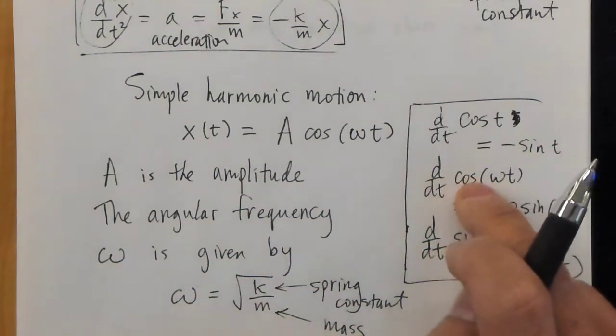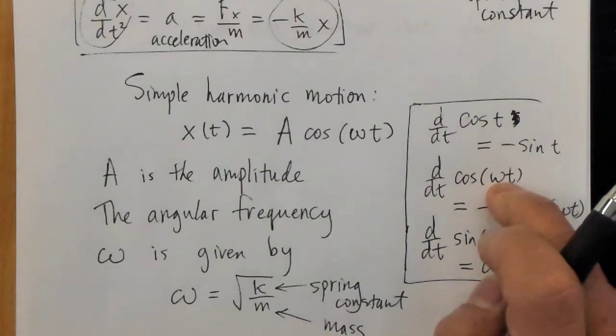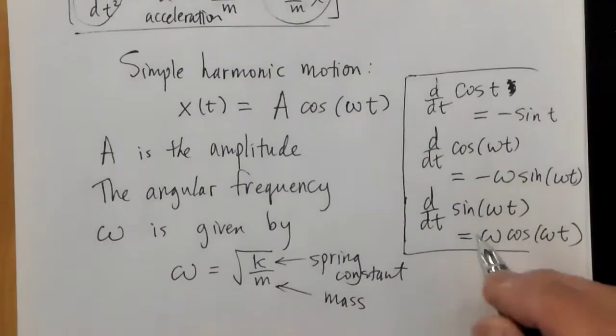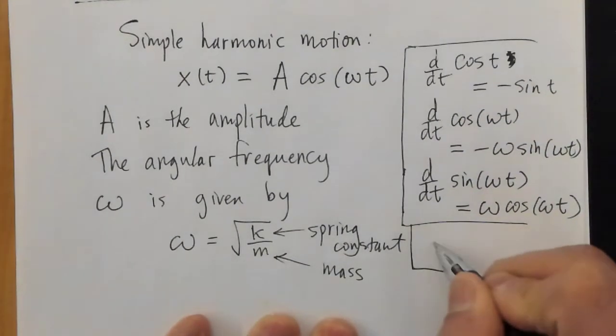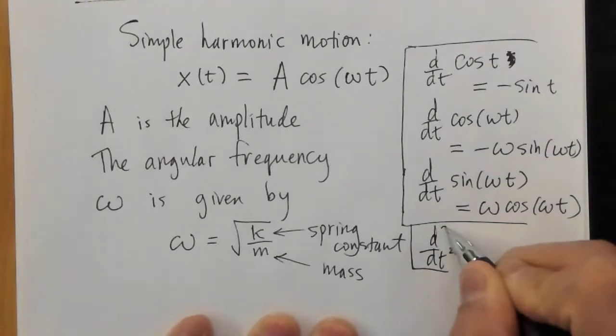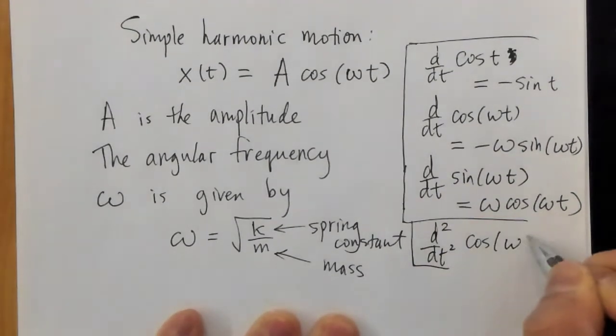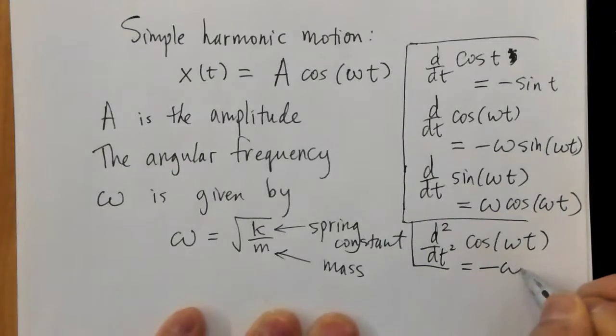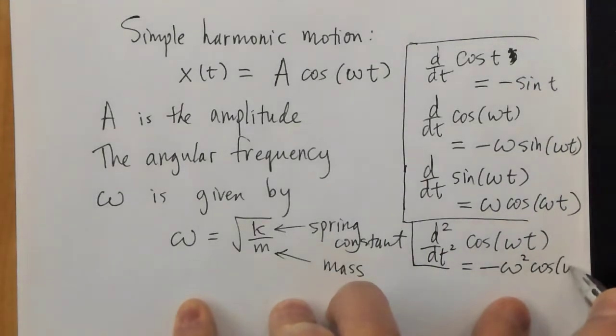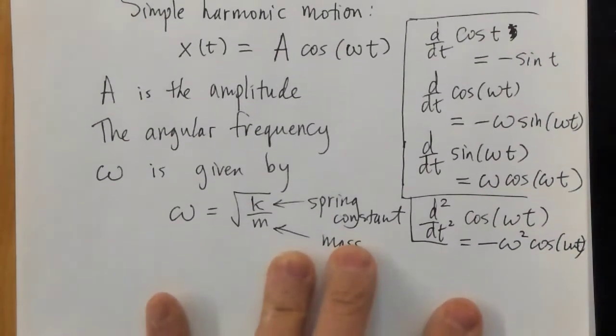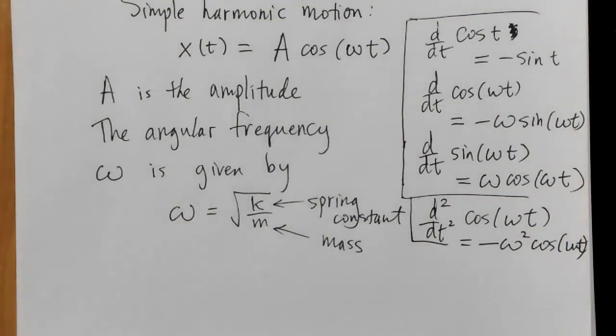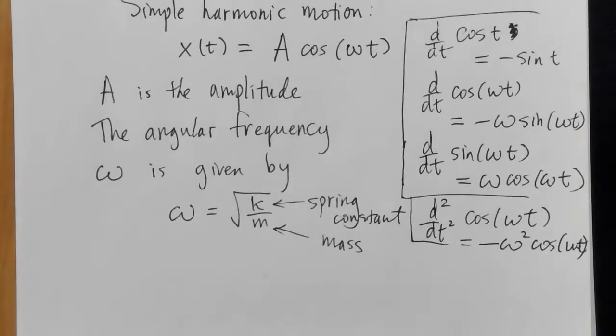So if I take two derivatives of cosine omega t, I end up with minus omega squared cosine omega t. All right? So the function comes back again.